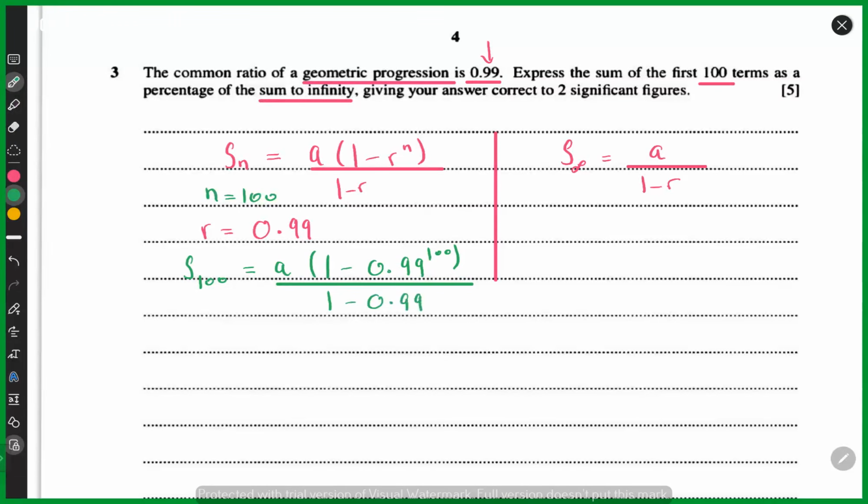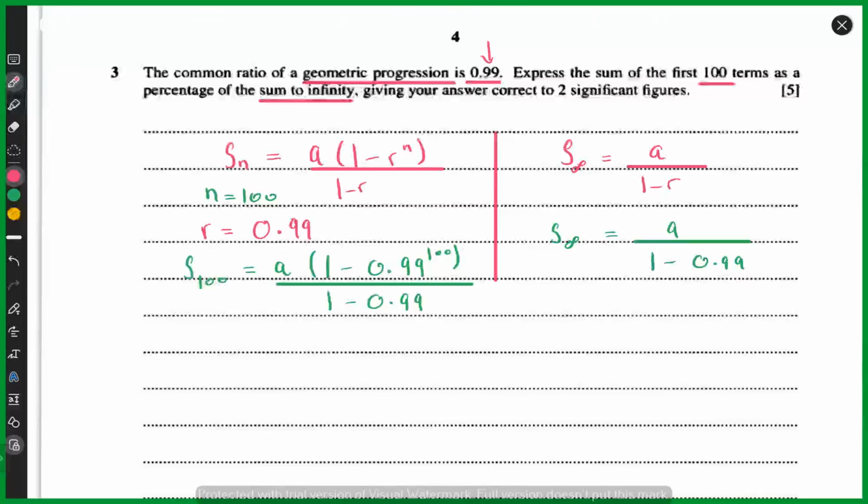This is the first formula. And if I talk about the next one, so S infinity is basically equal to A, A would come as it is, and it is divided by 1 minus 0.99. Now you guys would be able to spot something at this point. We do not have the value of A, but still, since we would be finding the percentage, so automatically A would get cancelled by A, right? That is not going to be an issue.